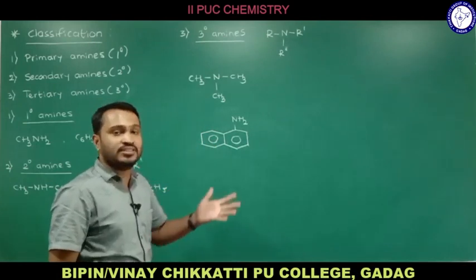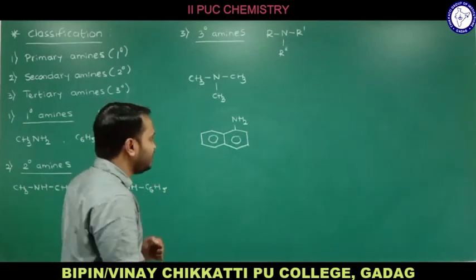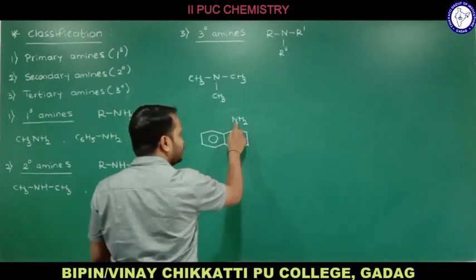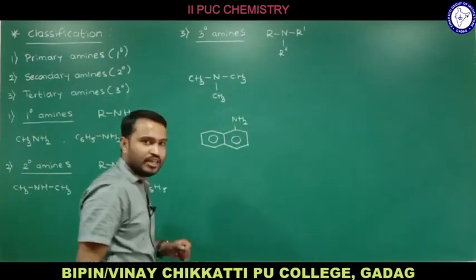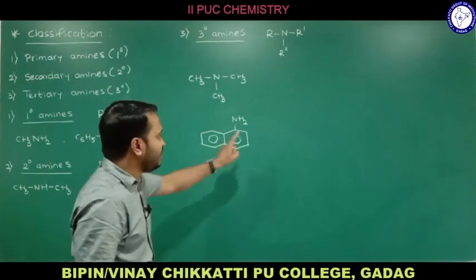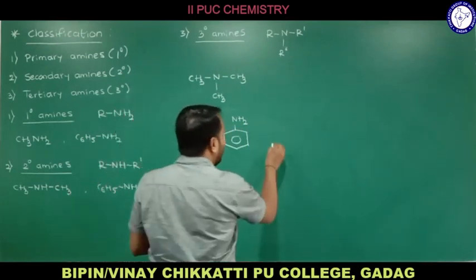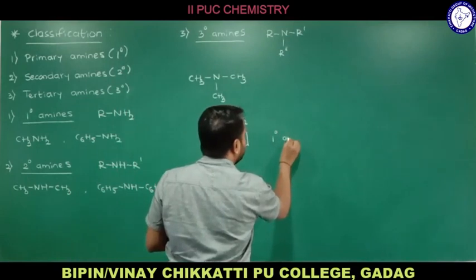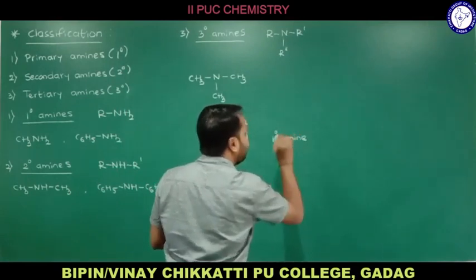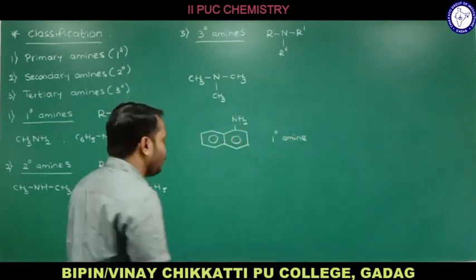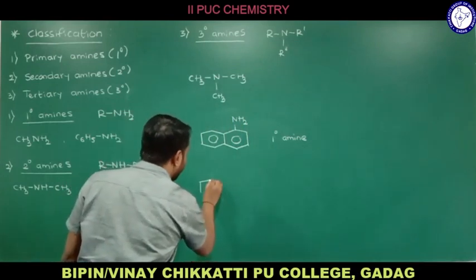How many hydrogens are replaced by a group, you need to see. Here we have a nitrogen and already we have two hydrogens, meaning one hydrogen is replaced by this particular group. Therefore, since one hydrogen is replaced, this type of amine is considered a primary amine, right? One more example I am going to consider.